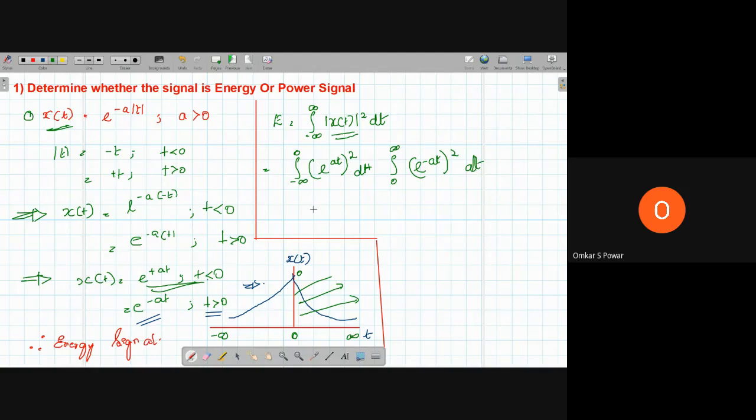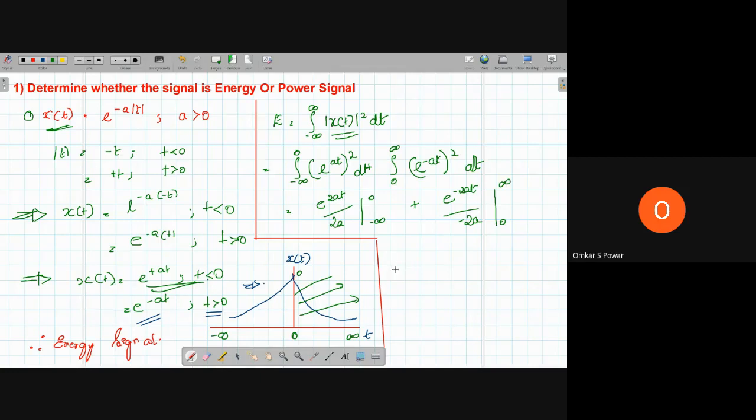Now, what is the value of the integration? e power 2at by 2a, which varies from minus infinity to 0, plus e power minus 2at by minus 2a, which varies from 0 to infinity.